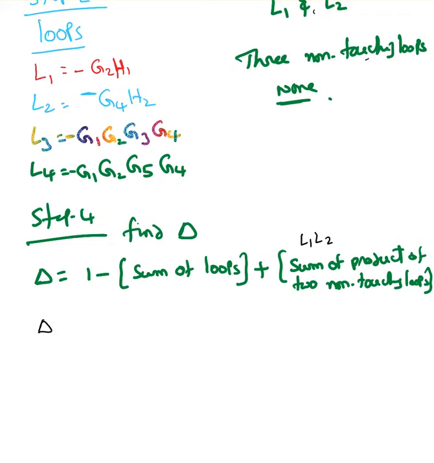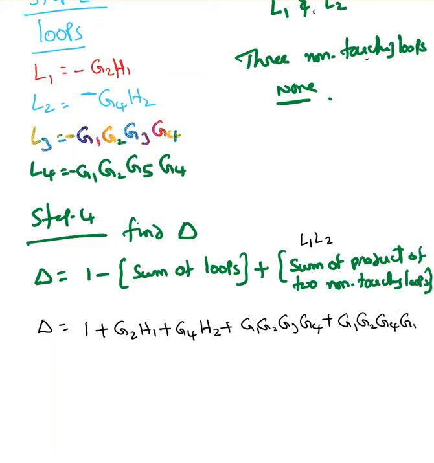So delta equals 1 minus, everything has a minus in the loops, so minus Z2H1 minus minus minus minus. The minus minus cancels out, so I end up with 1 plus Z2H1 plus Z4H2 plus Z1Z2Z3Z4 plus Z1Z2Z4Z5, plus L1 times L2.